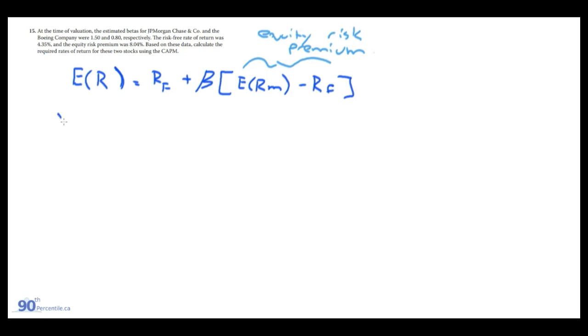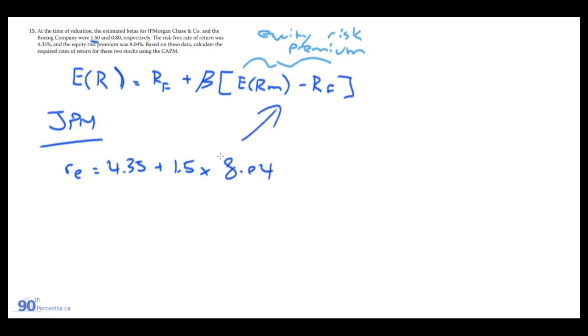Let's do JPM first, JP Morgan. So for the cost of equity, what's the risk-free rate? We can just sub in here, right? So 4.35 plus their beta of 1.5 times the equity risk premium of 8.04.